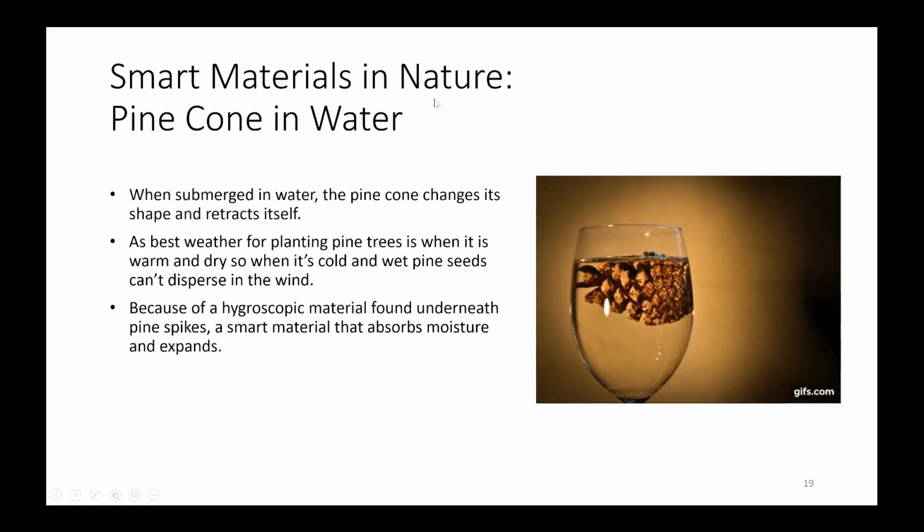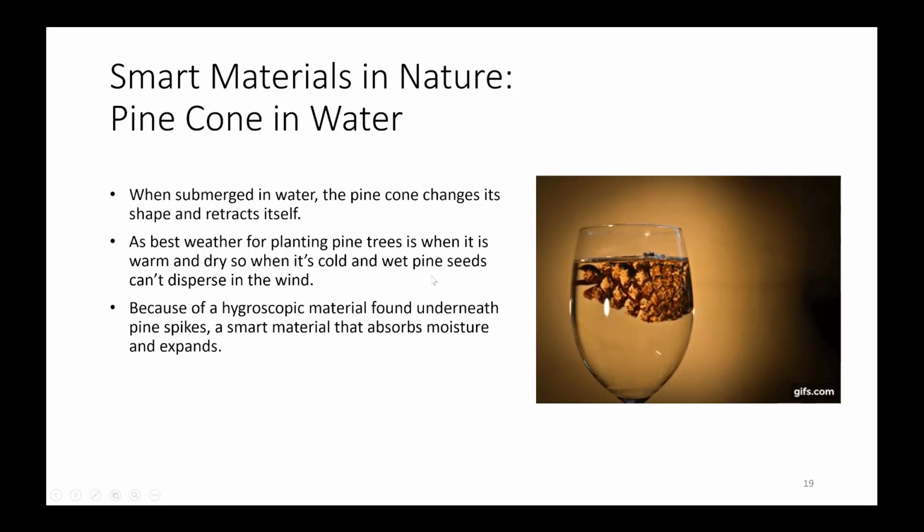Now, smart materials in nature. So one of the examples is the pine cone in water. When a pine cone, which is shown here, is submerged in water, it starts changing its shape and it retracts itself. The best weather for planting pine trees is when it is warm and dry.